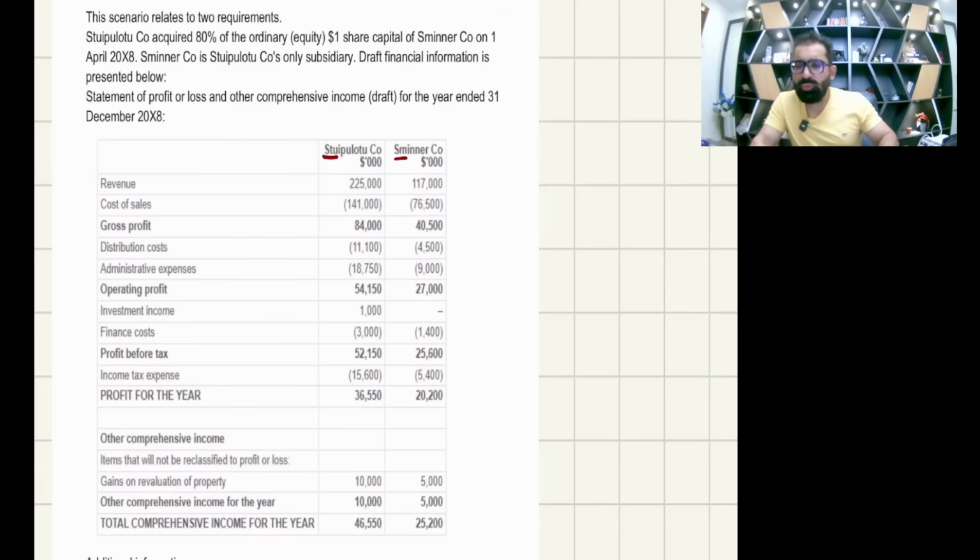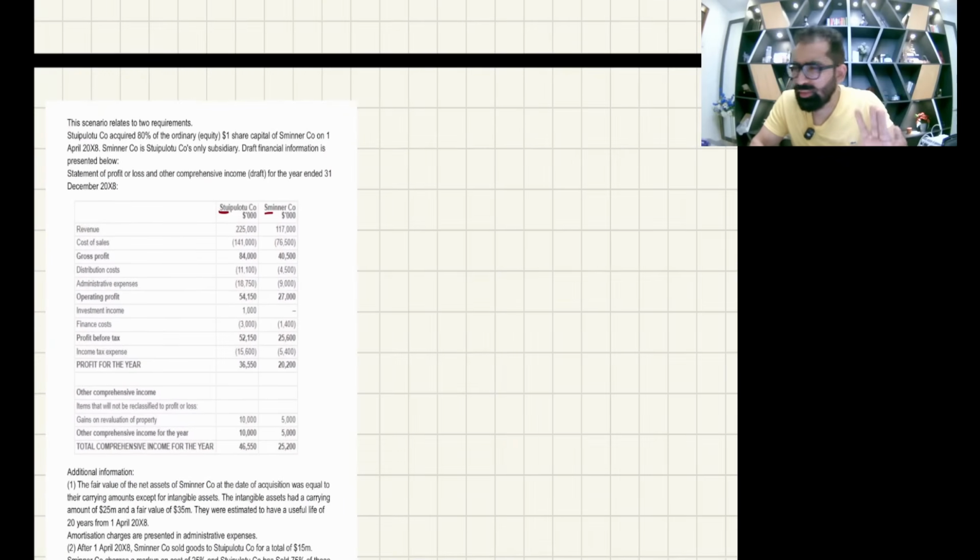Before we move on, let me guide you on some very basic stuff. I even made a short video for this as well. This is the summary of the consolidated income statement. Just look at the screen. Let us say this white pen is the parent company's income statement and the other pen is the subsidiary company's income statement.